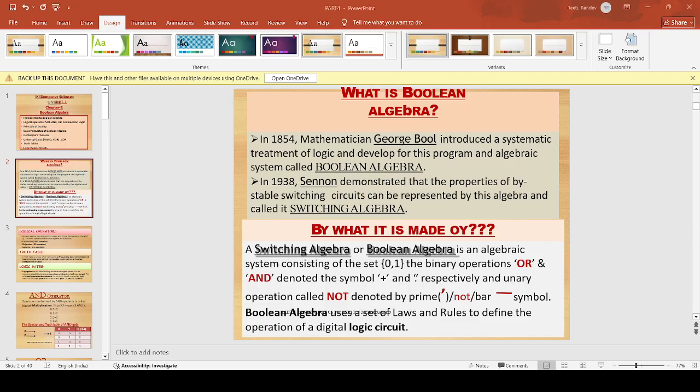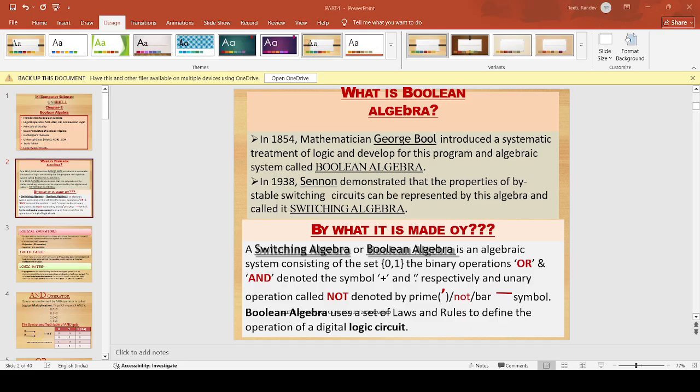The NOT operator is simply the complementation operator. Negation of 0 is 1 and negation of 1 is 0, and it is represented in the form of an inverted triangle. So if x is 0, its complement, x bar, will be 1. If x is 1, its complement will be 0.